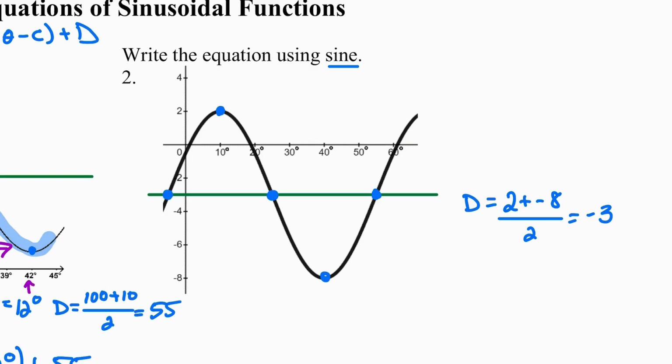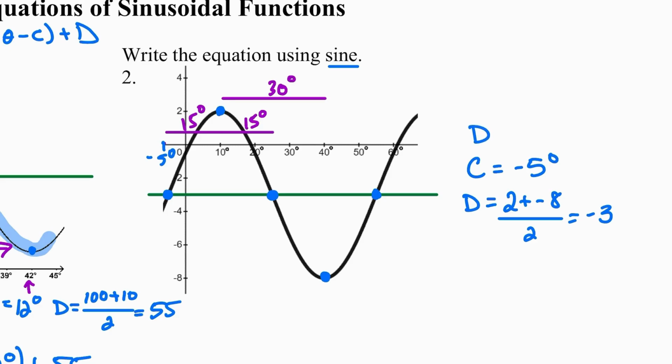Then at 40 degrees, we're at negative 8. So that means that from this maximum point to that minimum point is 30 degrees. Well, that means from the maximum point to this middle point here is 15 degrees. So that means we're going 15 degrees all the way through every quarter point. So we end up getting that this value here is going to be at negative 5 degrees, which I'm going to use as my C value.